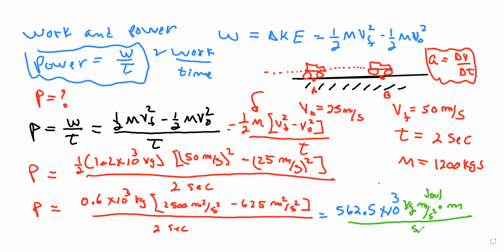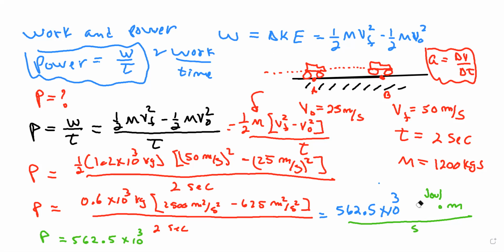Okay, so your power here is going to be 562.5 times 10 to the third power, and joule, because kilogram meter over second squared is going to give you Newton.